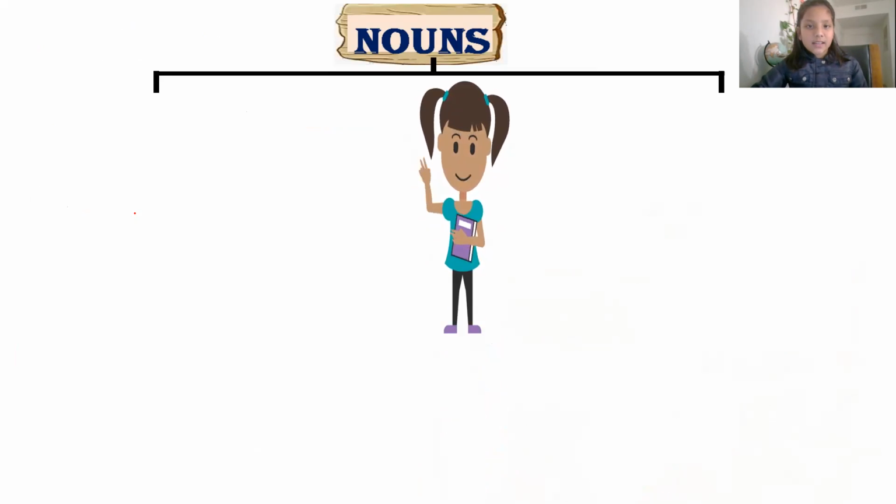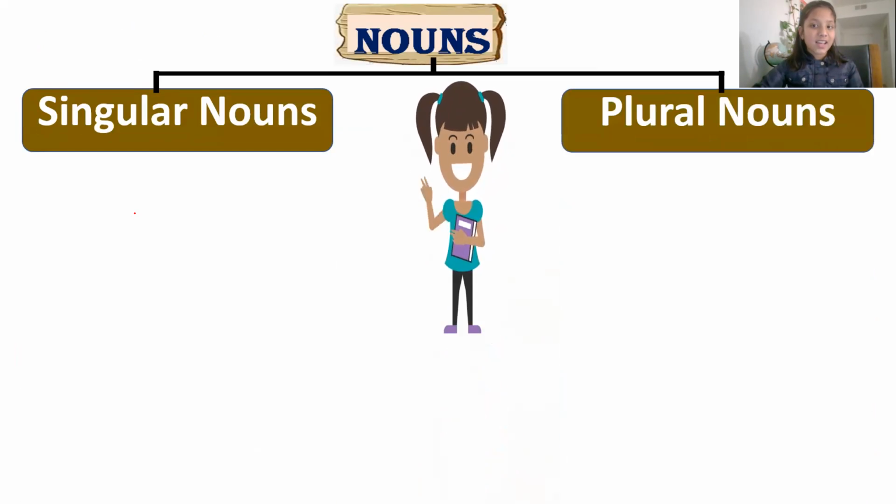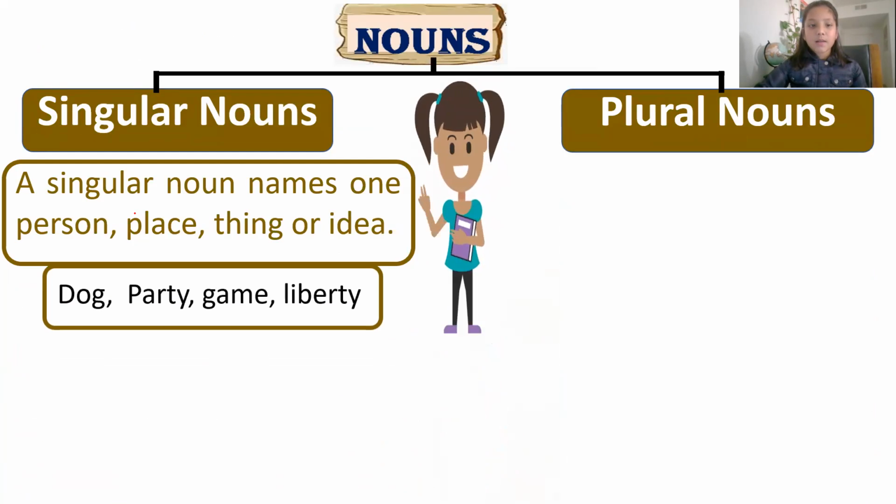We can categorize nouns in two other parts, singular nouns and plural nouns. A singular noun names one person, place, thing, or idea, like dog, party, game, liberty.